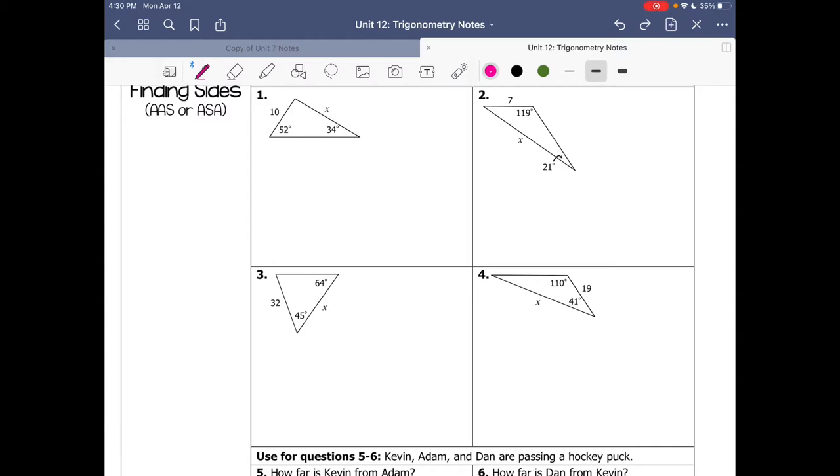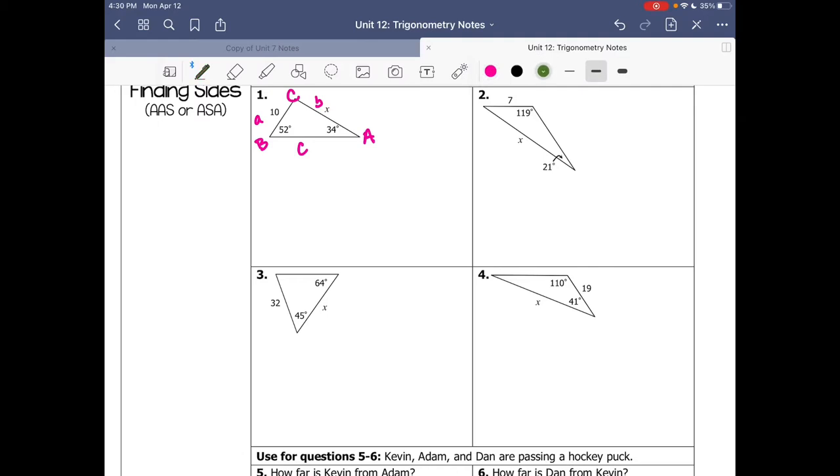So let's think about that. If this is side A, side B, side C, then the angles that coordinate with them are across from them. So this would be A, B, and C, like that. Make sure that you are looking at these correctly as you do this.